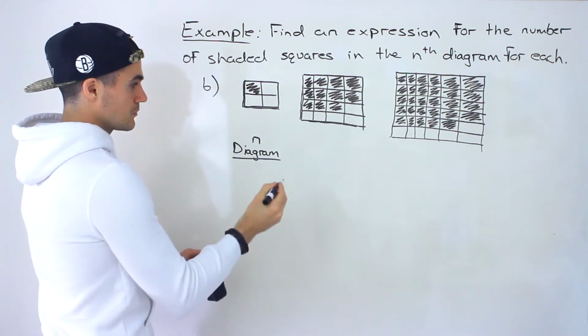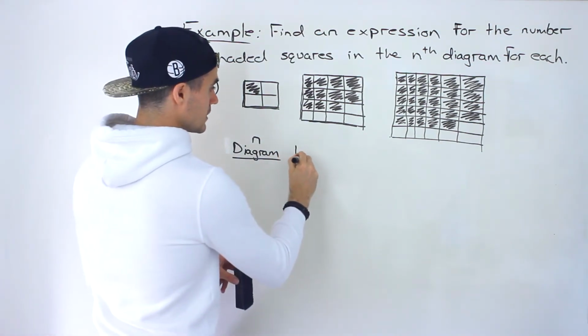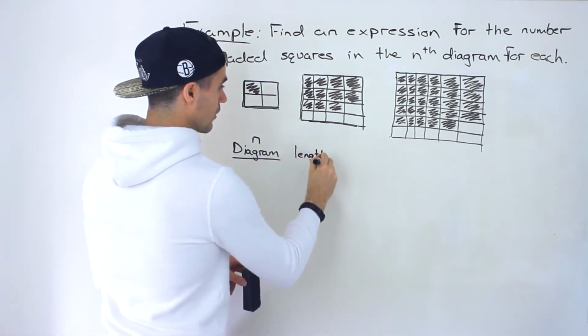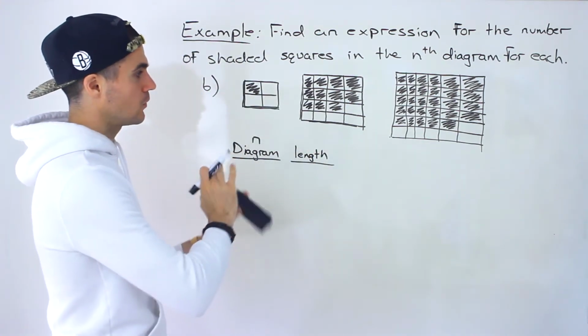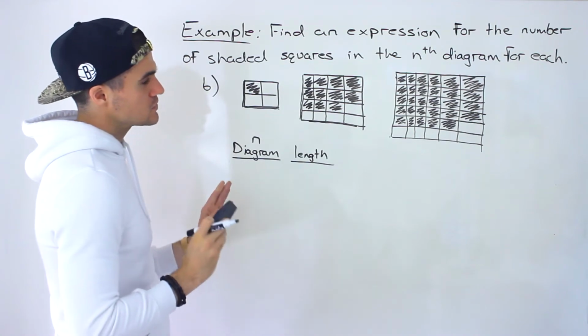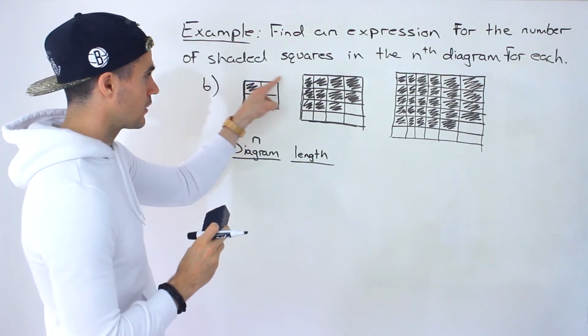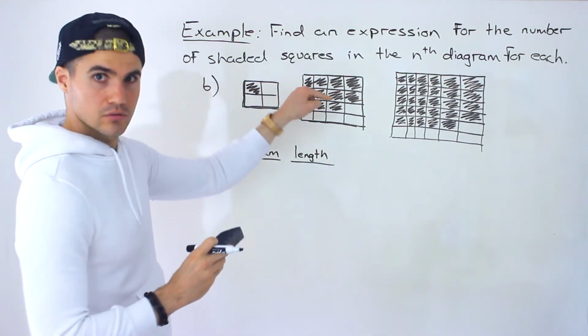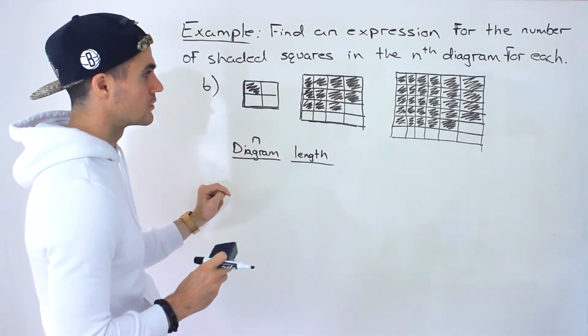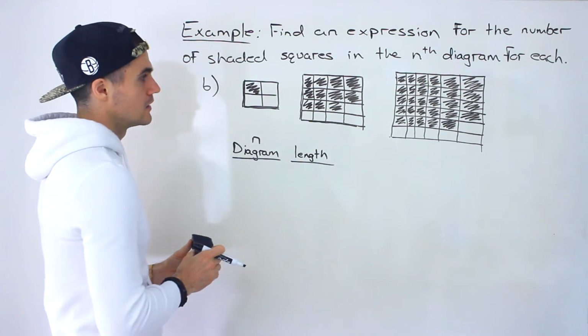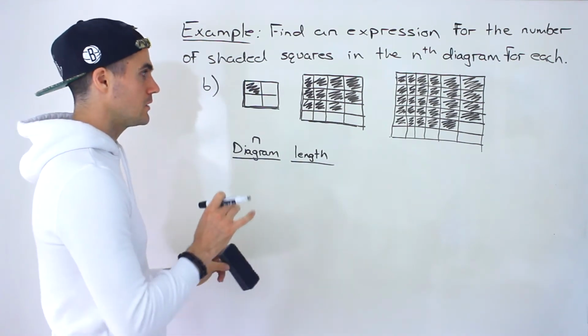So I'm going to create another length column. I could have done that for the previous ones as well, but they weren't too bad. To get an expression for the total column, this one's going to be a little bit more tricky.